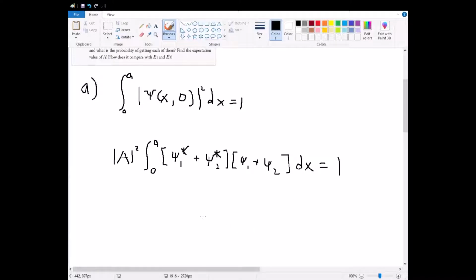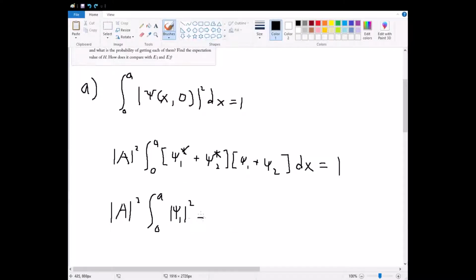And hopefully from here you instantly see that we can take advantage of the orthonormality that we've been describing earlier to solve this. Because if we distribute out everything in these two binomials, what we get is magnitude of A squared at the front as before, times our integral from 0 to a. Here we have magnitude psi 1 squared, because we have psi 1 star times psi 1.